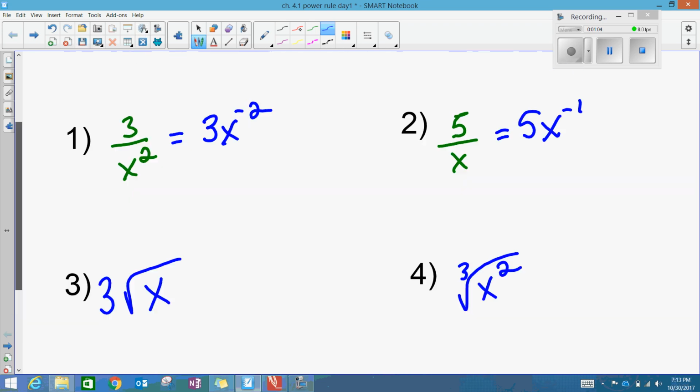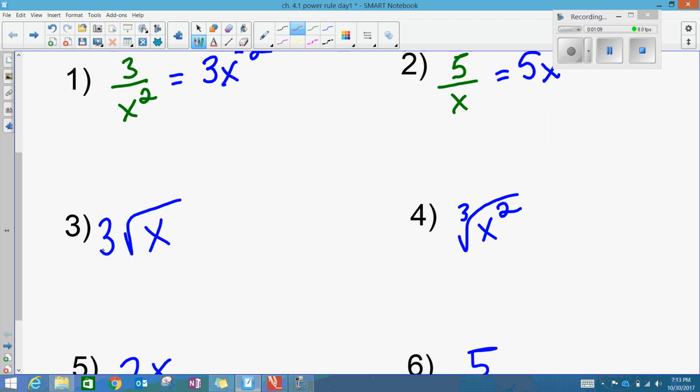Radicals can be written as fractional exponents, or what we call rational exponents. If you remember, 3 radical x can be written as 3x to the 1/2. The power of x underneath the radical becomes the numerator, and whatever the index is, which on a square root defaults to 2, becomes the denominator, so that becomes 3x to the 1/2.